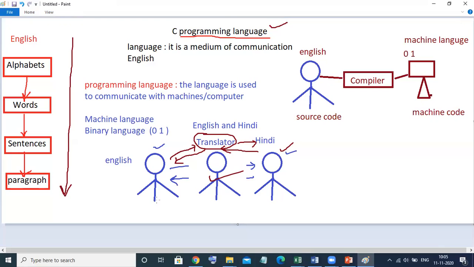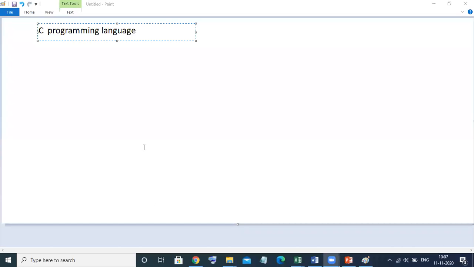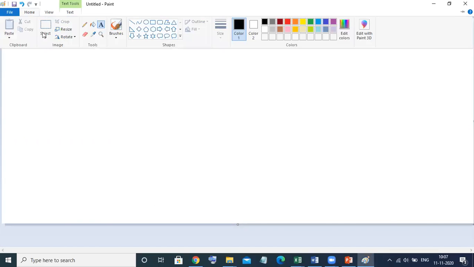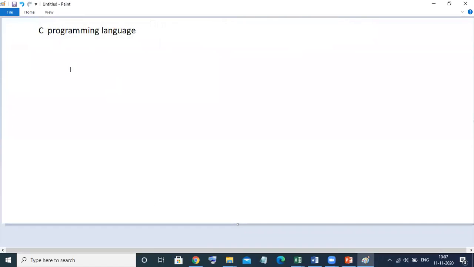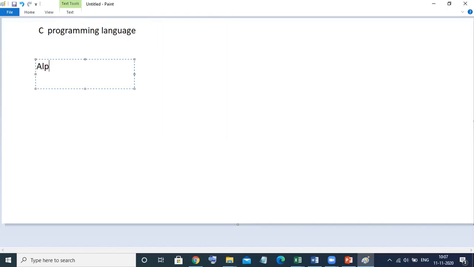These are some basic requirements. To learn the C programming language, the first and very important thing is that we should know alphabets. Second, we should know digits, and third, we should know special symbols.